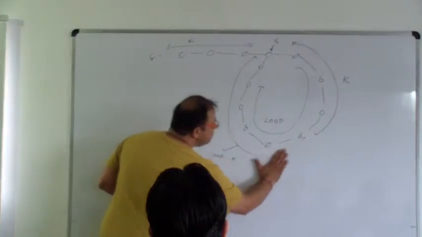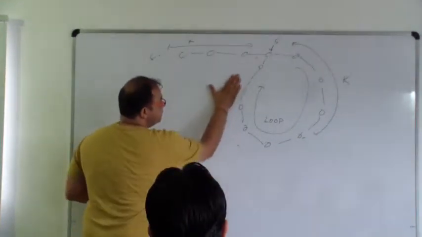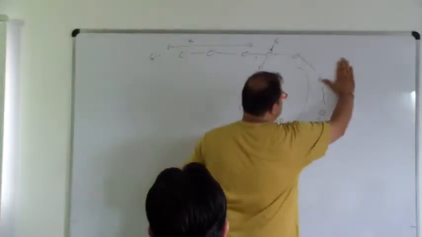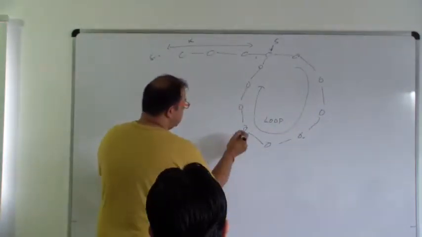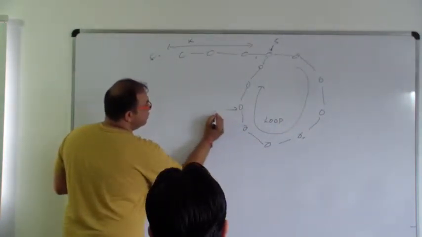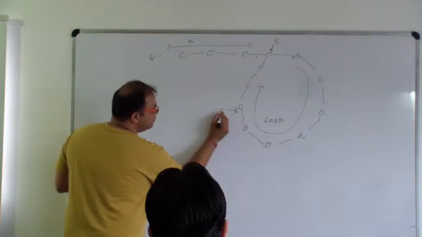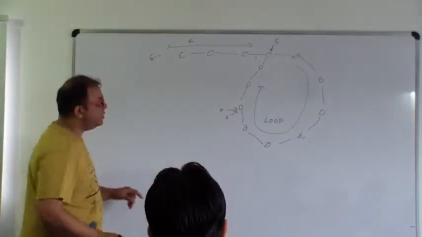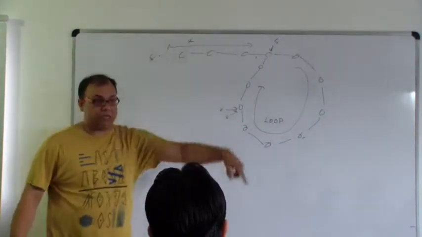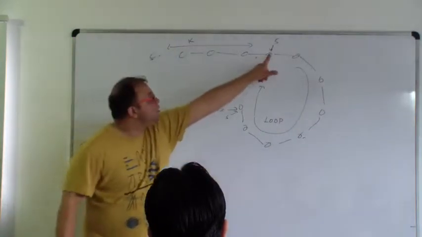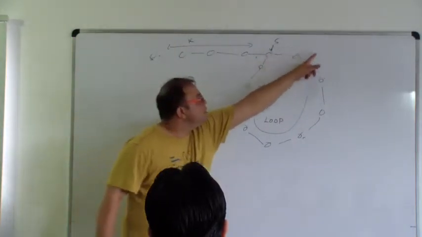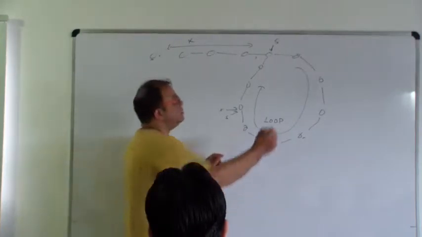So which means they will meet somewhere around here. So fast will be here and slow will be here after loop minus k steps. Slow was here, it takes loop minus k steps.